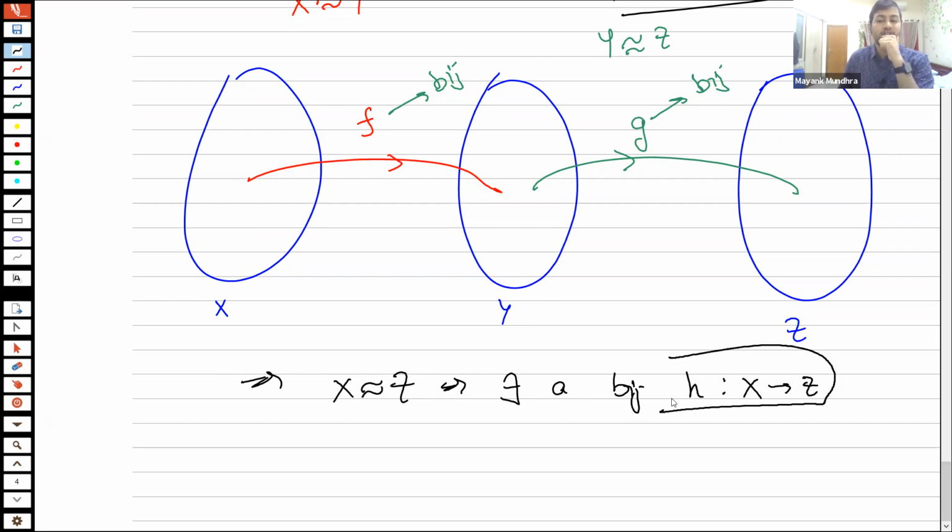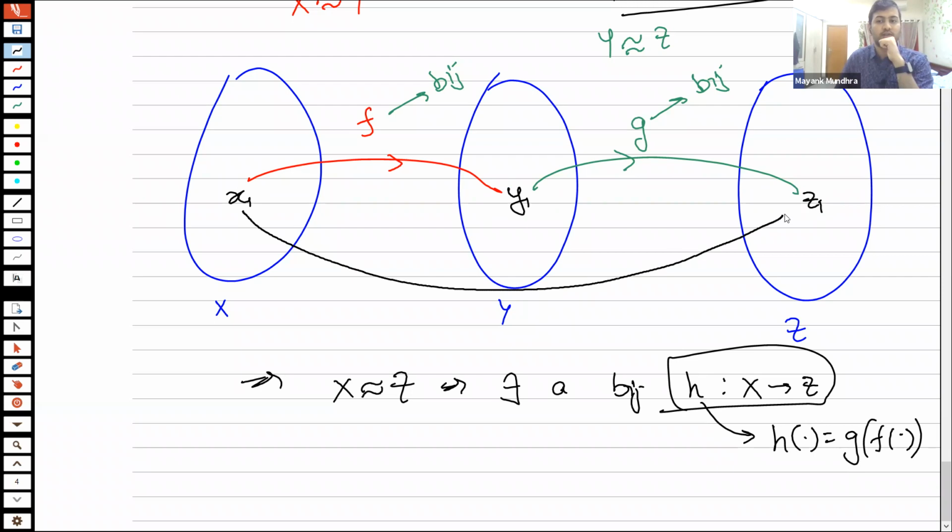You can construct one of these bijections very easily. This bijection h is basically just g of f. Suppose there's some element small x1 here, small y1 here, and small z1 here. I'm trying to find a function which is one-to-one onto going from x1 to z1.